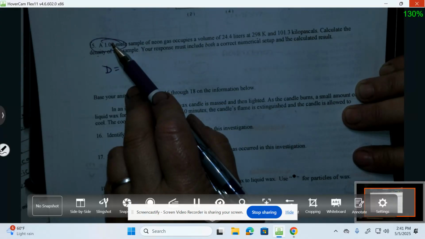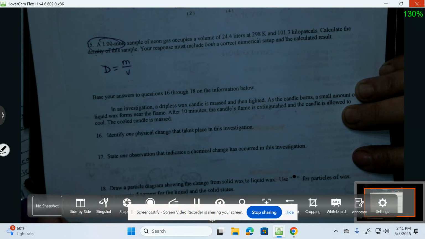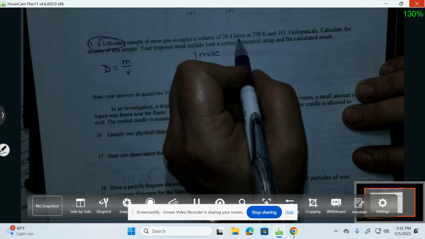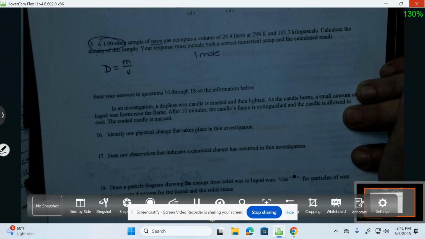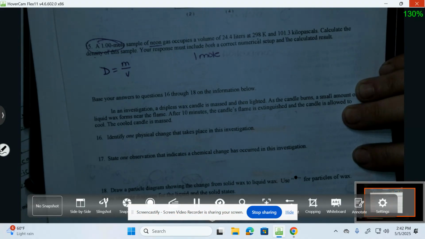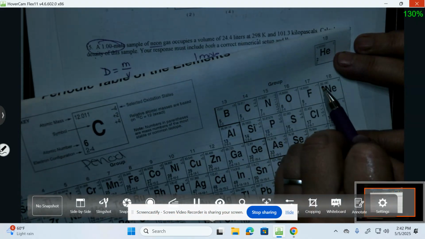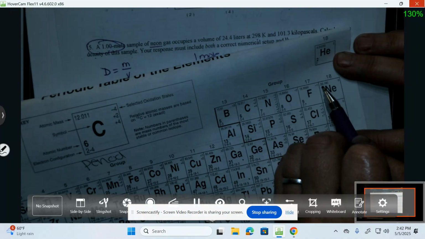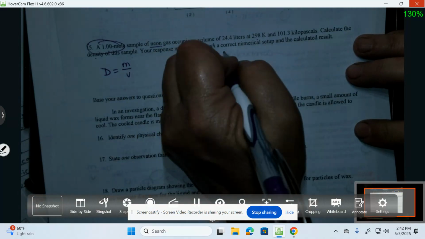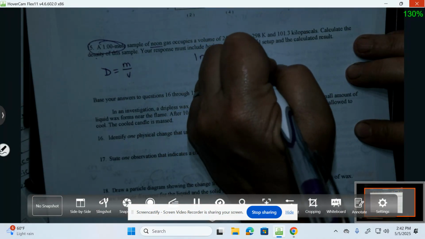A mole, right? And can you change moles to grams? It's not a lot of work. You got this. Okay, so you got 1 mole. And we have neon gas. How much does 1 mole of neon gas weigh? Let's round it to the nearest whole number to make our life easy. Do you see that? 20? Okay. So 1 mole is 20 grams per mole.